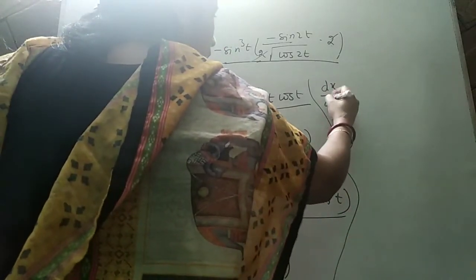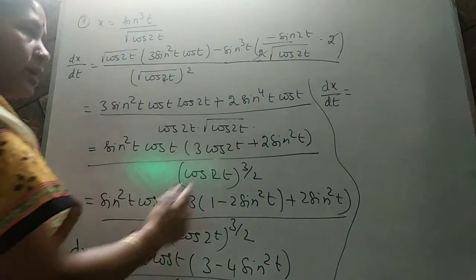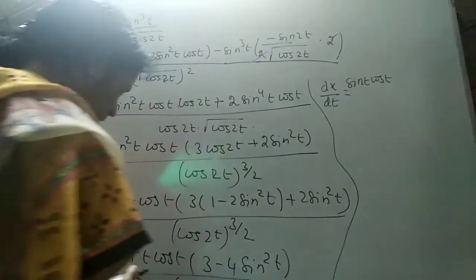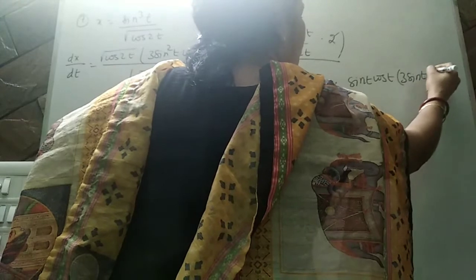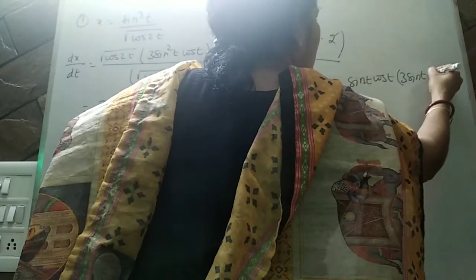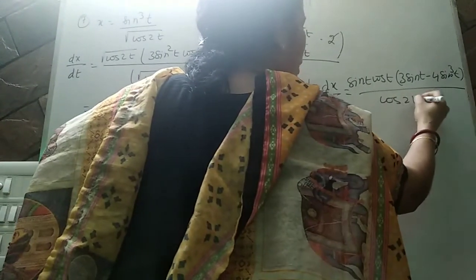Dx by dt is equal to, now see, I am taking 1 sin t inside. So outside we have only sin t into cos t. If I take 1 sin t inside, we will get 3 sin t minus 4 sin cube t. But very clearly you have to write it down, the whole upon cos 2t whole power 3 by 2.